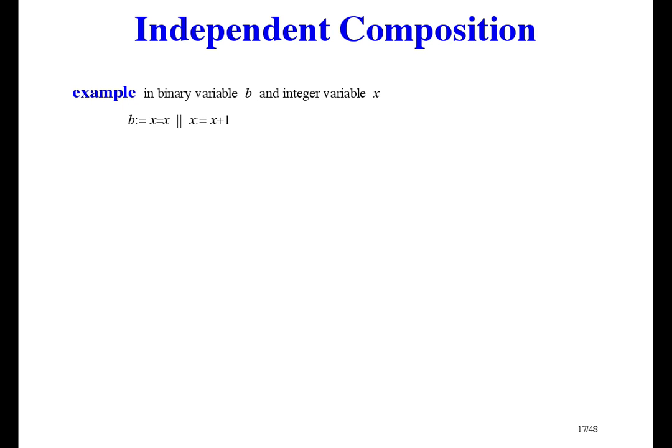Here's another example. On the left we have b gets x equals x. On the right, x gets x plus 1. b belongs to the left process and x belongs to the right process. We can use the reflexive law of equality to replace x equals x by true.